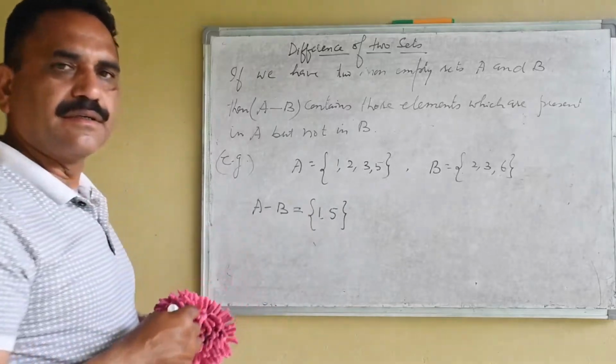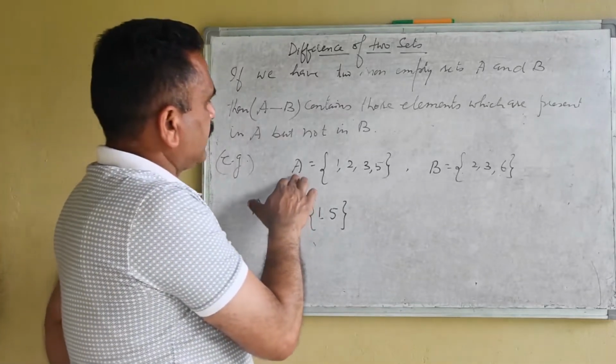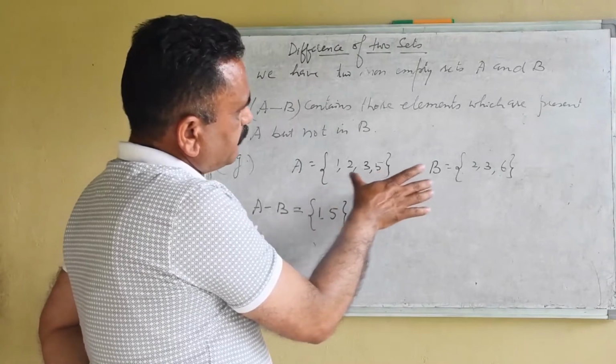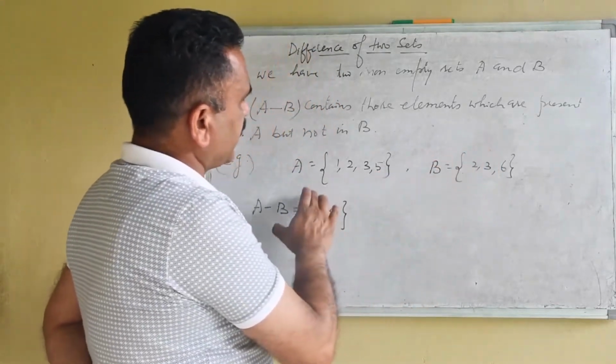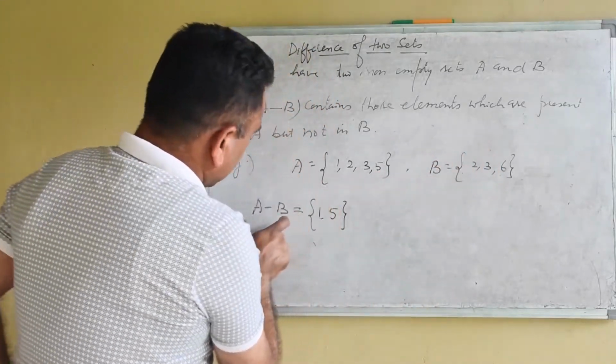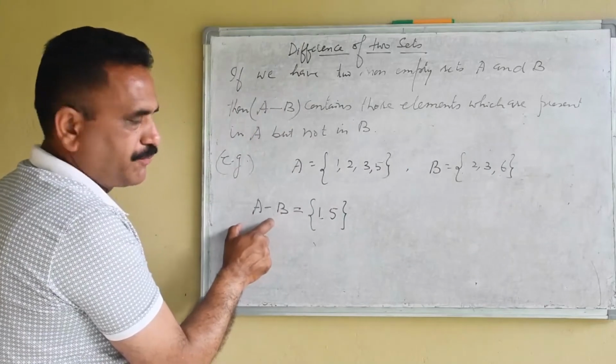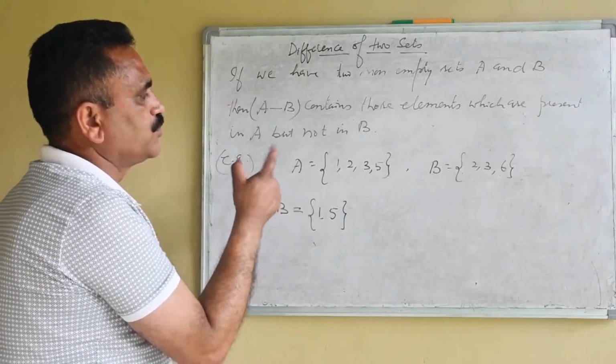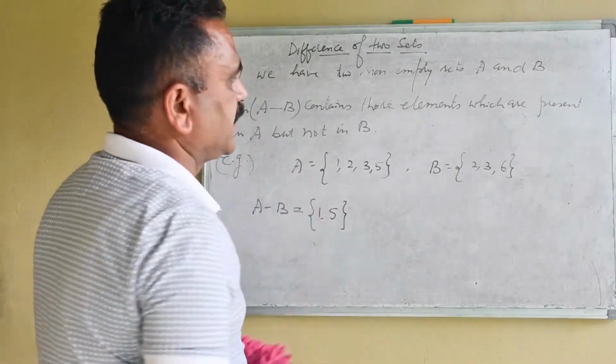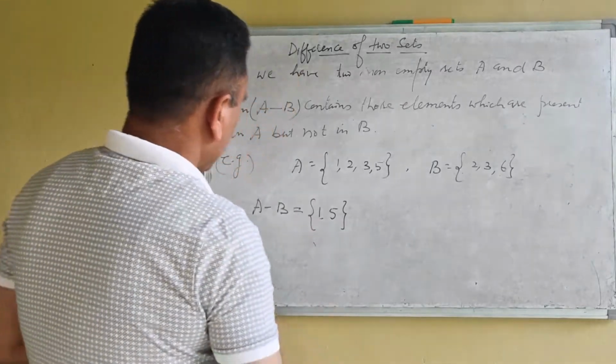Is it clear? That means if we have subtracted B from A, then this difference of sets will contain only those elements which are present in A but not in B.